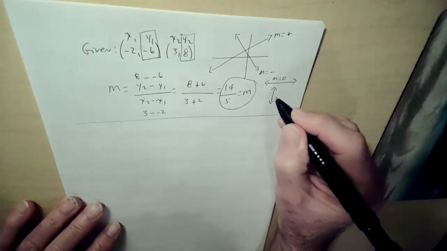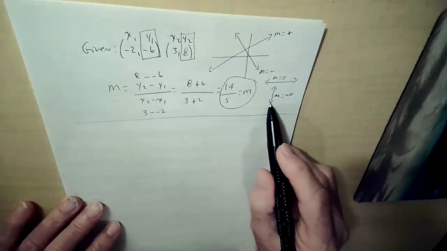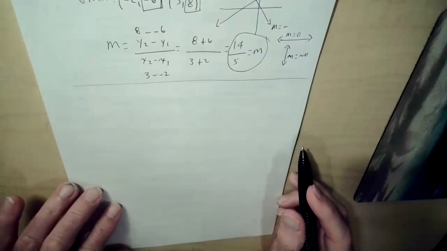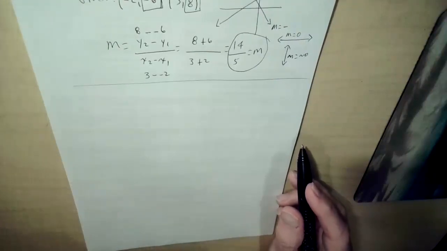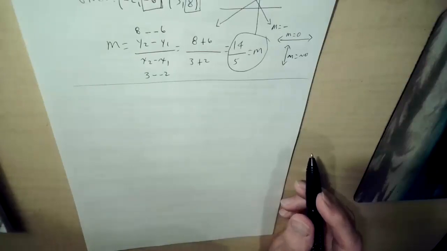Okay, again, zero slope, it's horizontal. And if it's vertical, vertical is no slope.